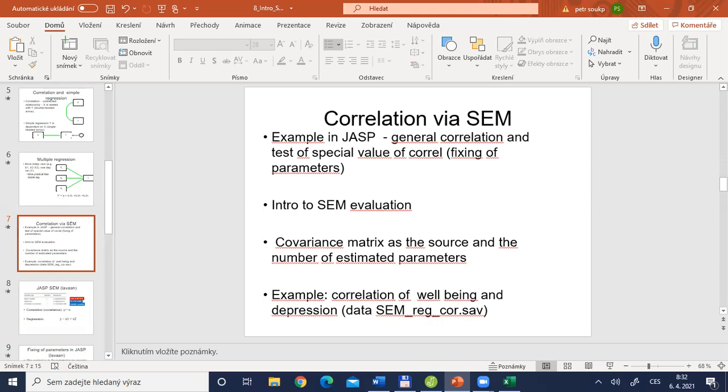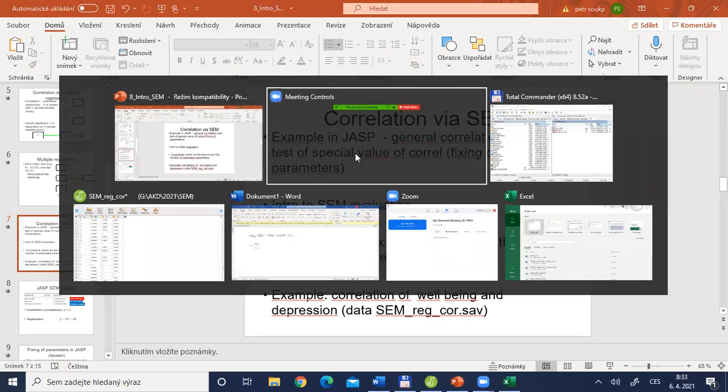We will learn how to test some special values such as 0.4, 0.5, which are expected according to previous results, and I would like to know if my results still support the thesis that correlation is following this pattern. Once again, before we start, we would compute the classical correlation.